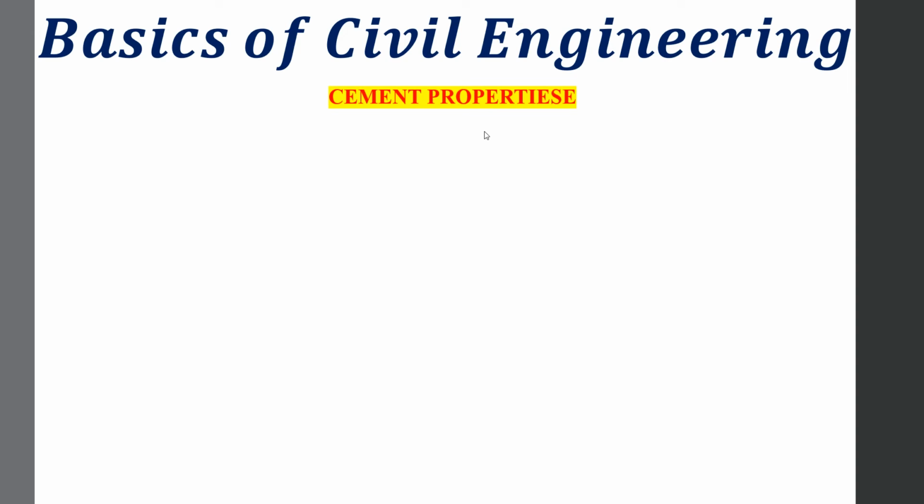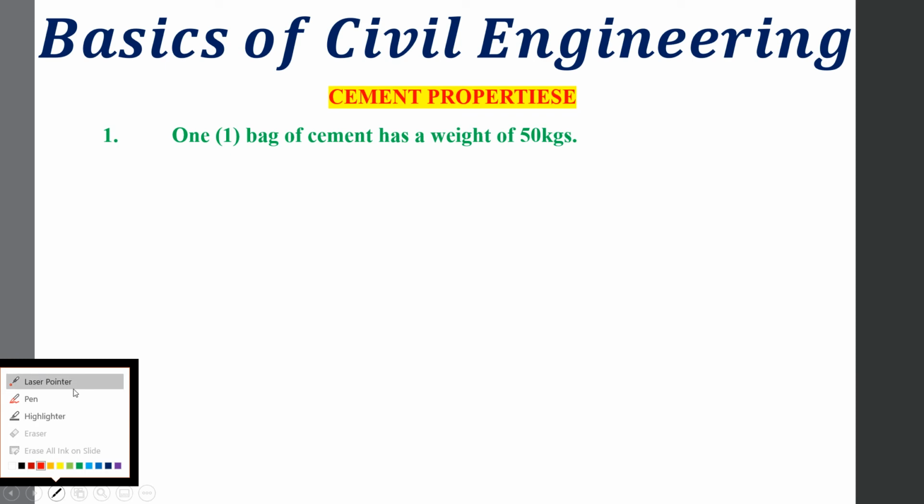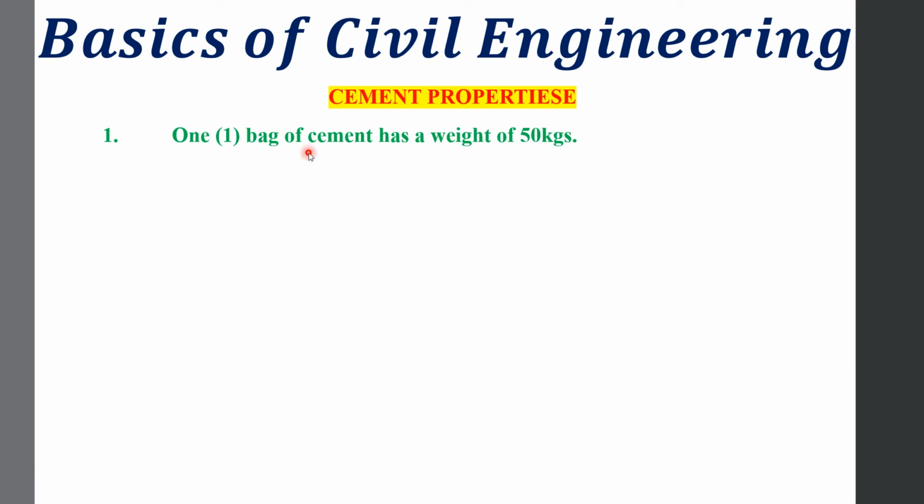There are just two to three problems which pertain to the civil engineering material, that is cement. So I will start with the very basic thing that every one of us knows and some of us don't know, that normally, this is not a universal value, but normally one bag of cement has a weight of 50 kgs.